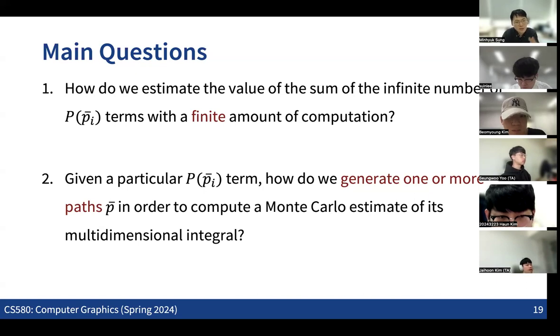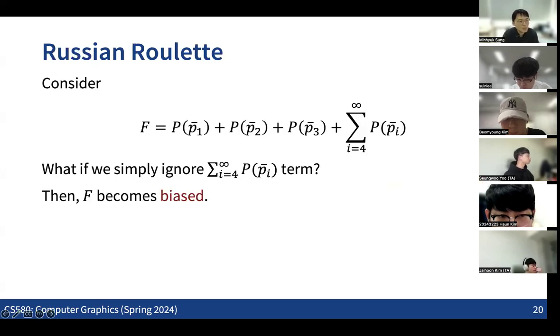One simple idea that we're also going to see here is this example. As we have seen in the previous slide, we can decompose the sum of all these p terms with multiple trajectories into the sum of p terms for the shorter paths. p1 is the case where we have a path of length 1, which means we are taking care of the light emission. p2 is for the path of length 2, which is the direct illumination.